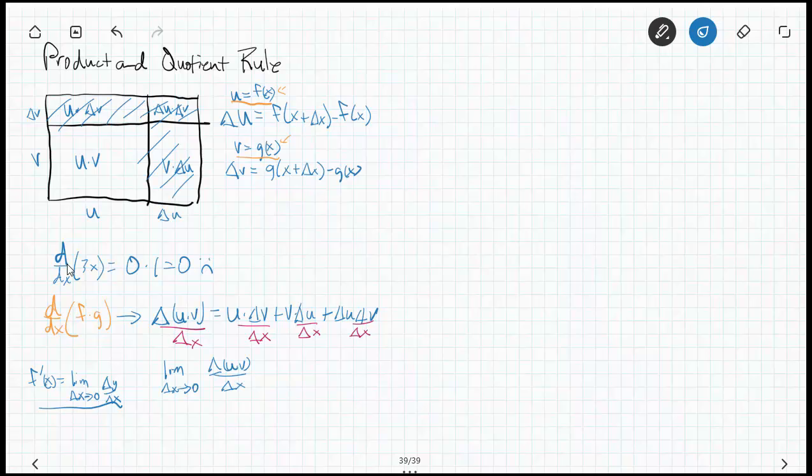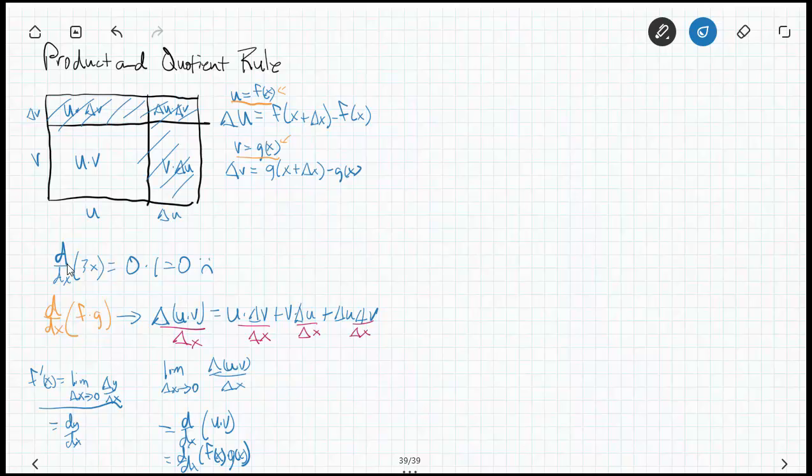Because remember, f prime of x can also be defined as dy over dx, or whatever this d chunk is on top. So I know in my next step, free of charge, I have d over dx of u times v, which is equal to d over dx of f of x times g of x. Whoops, g of x. Sorry, I'm writing in my belly button here, so bear with me. Okay, so I got that for nothing.